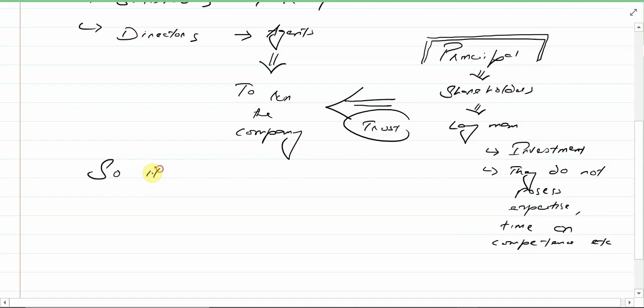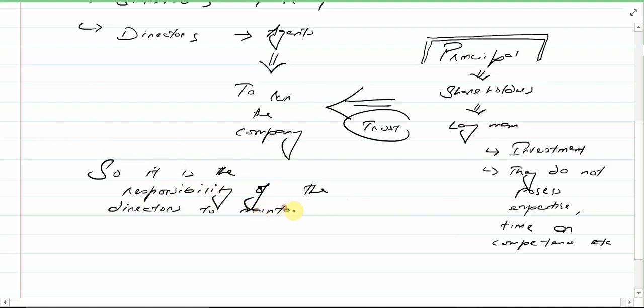So it is the responsibility of the directors to maintain the trust of the shareholders.